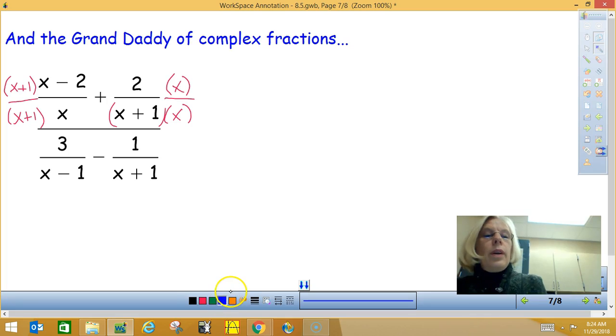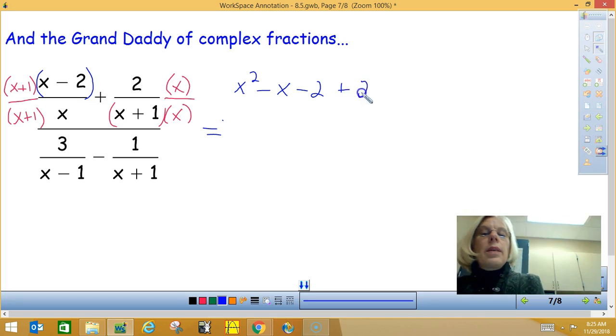So my numerator now, I'm going to have to FOIL x plus 1 times x minus 2. That gives me x squared minus x minus 2 when you FOIL. Then plus 2x, and the common denominator is x times x plus 1.